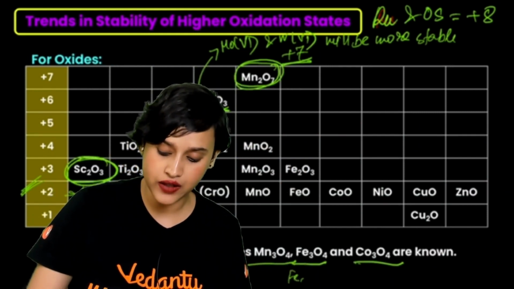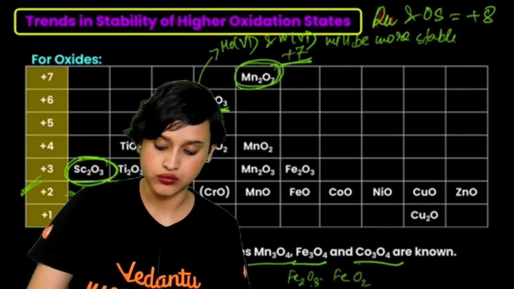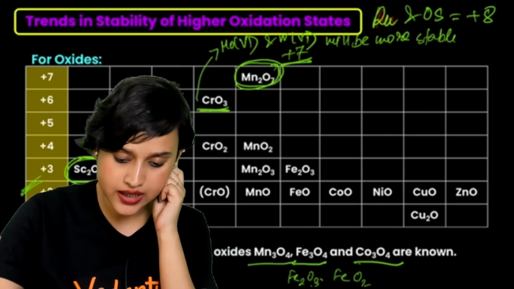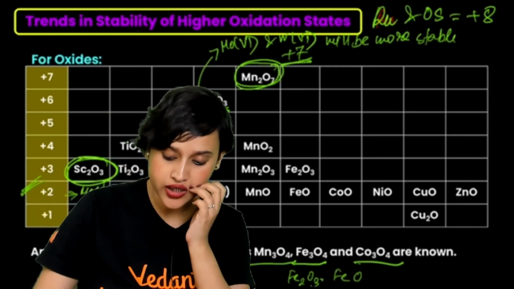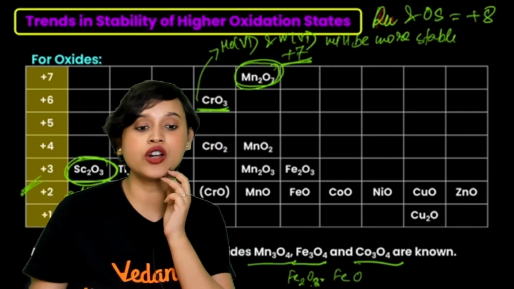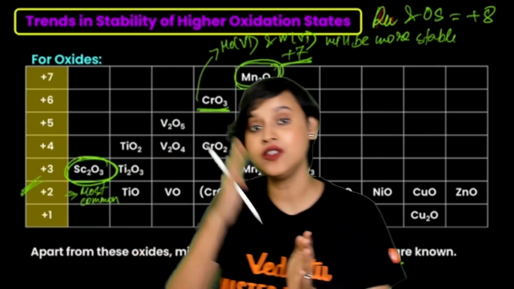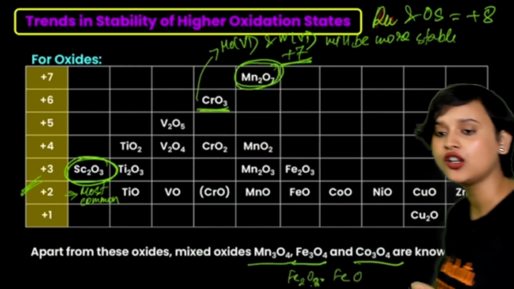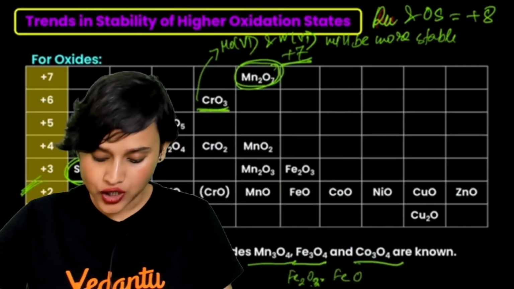You write it as Fe2O3 dot FeO. This is a mixed oxide. That means both types of oxide, that is Fe+2 and Fe+3, exist together. The same way for Mn3O4, and the same way for Co3O4 as well. All right, got it, everybody?